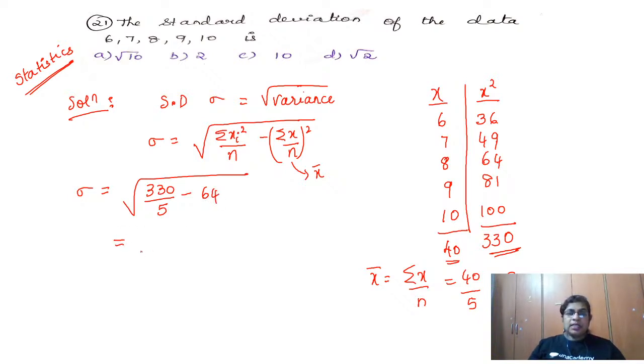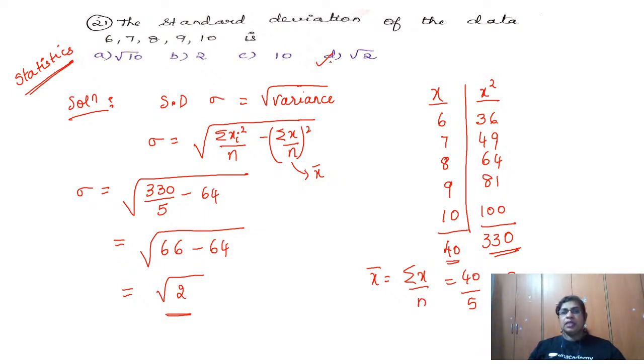So this is equal to square root of 330 divided by 5. 5, 6 are 30, you get 3 remaining and 30 again, 66. This is minus 64. So 66 minus 64, you get the answer root 2. So we have this option. The option is root 2, that is D option.